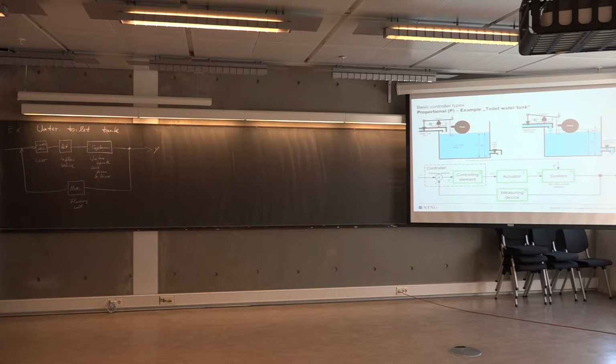The reference element in that sense, or the reference value, the set point, is basically the steady state we see on the left-hand side, right, where the valve is fully closed and the water level has a certain height.